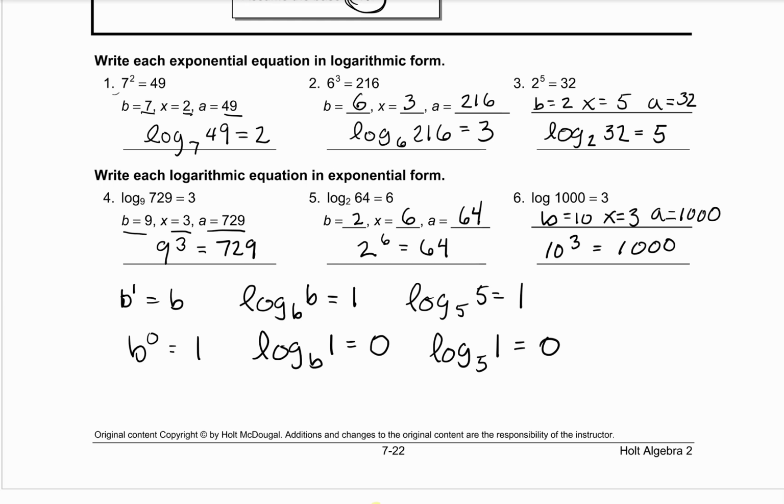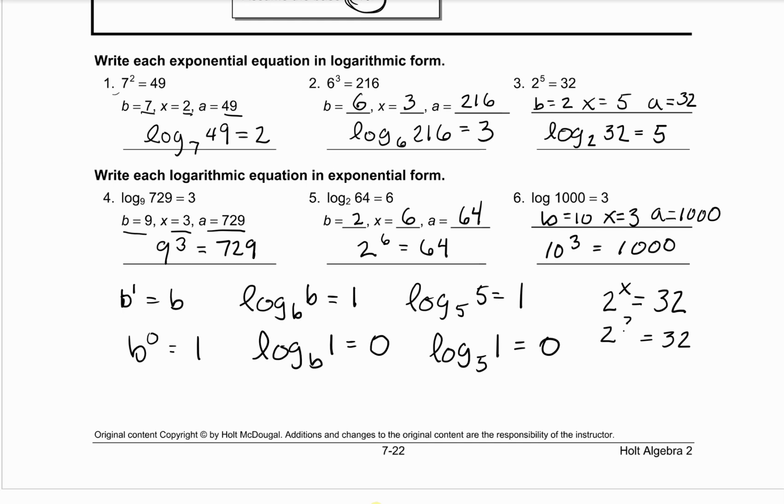You might be asked to figure out some things here. You're going to be looking at your homework and you're going to have to do some mental math. It's not hard. Let's say I have 2 to the x power equals 32. Basically I'm looking for a power of 2 that equals 32.